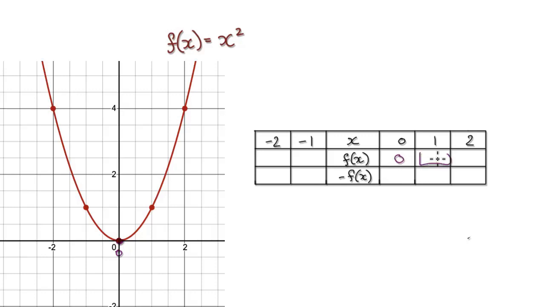What goes in this box would be you putting 1 into here, so it would become f of 1. But then looking at this function, what is f of 1? Well, 1 is here, so f of 1 would be this point here, 1. Hang on, it would make sense later on, bear with me.